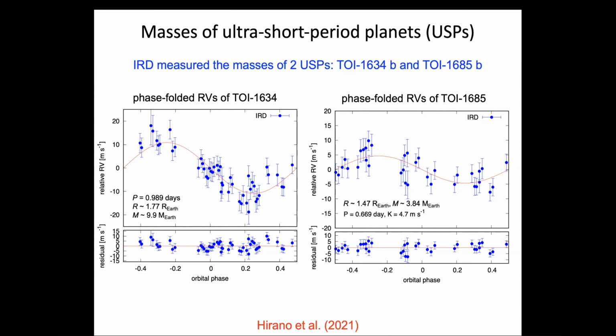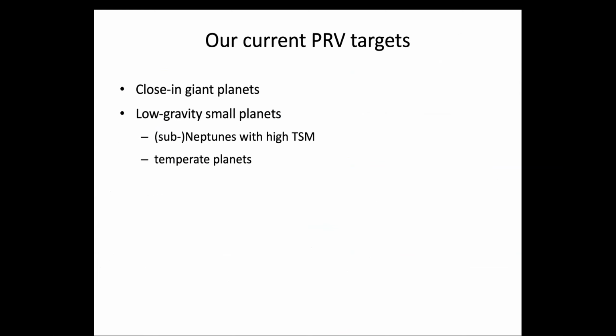And this is for Earth-like planets, but now our current interest is moving on to slightly larger planets, say close-in giant planets or low-gravity small planets, say with high TSM, or temperate planets. So I just pick up two ongoing works to show our recent work.